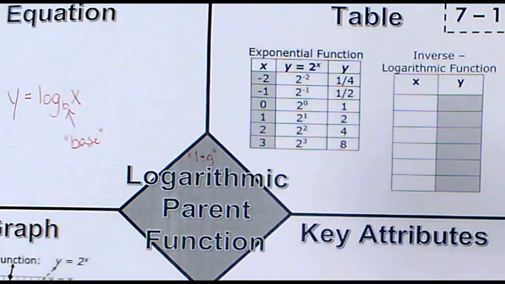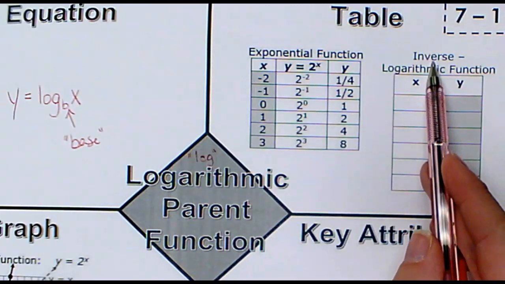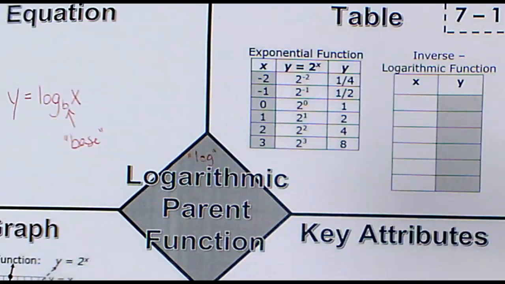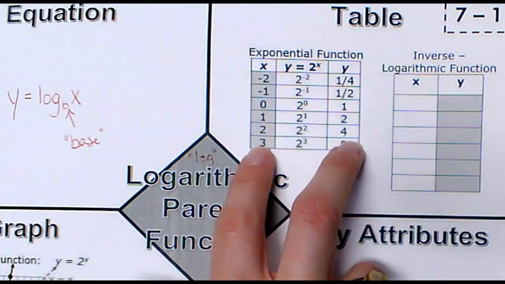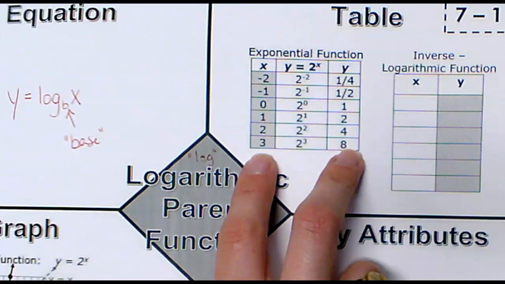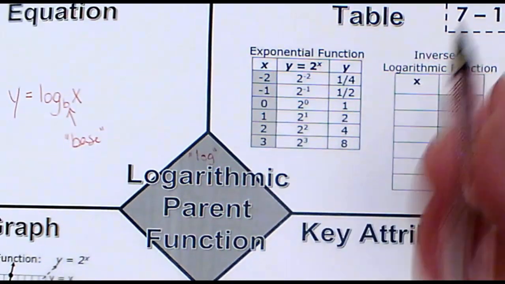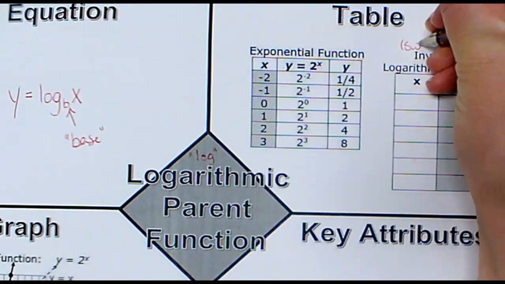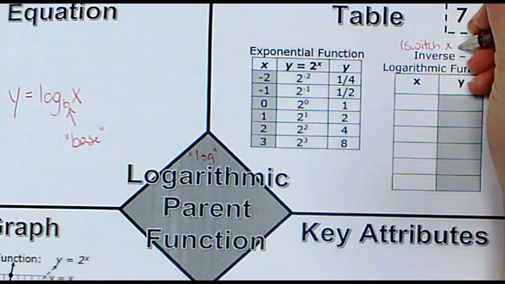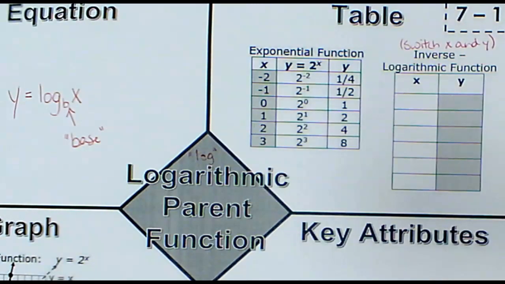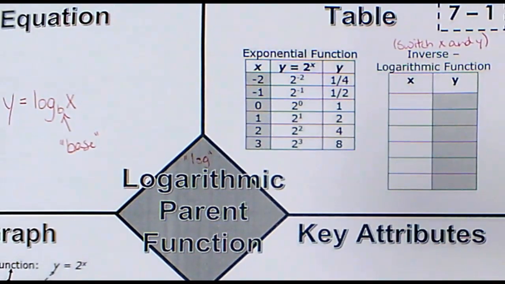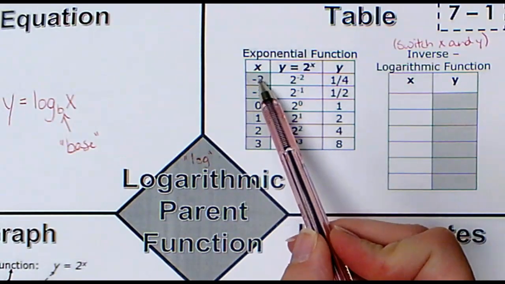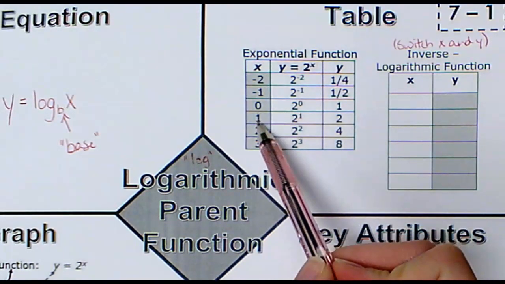Now, one of the nice things about a logarithmic parent function is that it happens to be the inverse of the exponential function. So if I can find the exponential parent function values for x and y, then I can perform an inverse, which means to switch x and y, and I'll have my logarithmic parent function table. My x values were -2, -1, 0, 1, 2, 3.